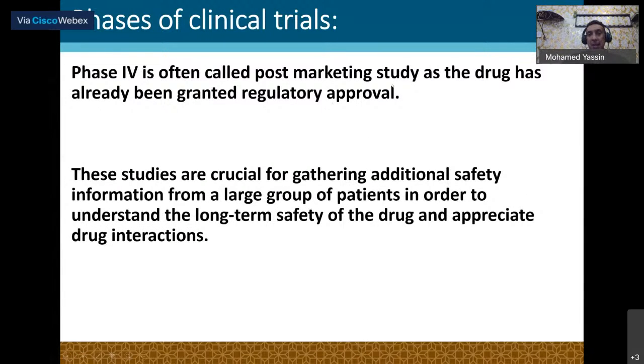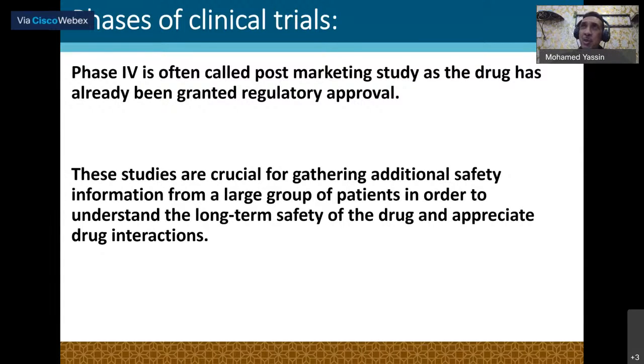Phase 4 is the post-marketing. When the drug is marketed, it means the drug is approved by the approval agency, like FDA in the US, for example, or EMA in Europe, the European Medicines Agency. So the drug is approved, and now the pharmaceutical company is starting to sell the drug to different countries, and clinicians start to use it. In the setting of a clinical trial, we have selection, we have inclusion, we have exclusion. There are a lot of exclusions for patients with heart failure, with renal failure, with hypersensitivity.